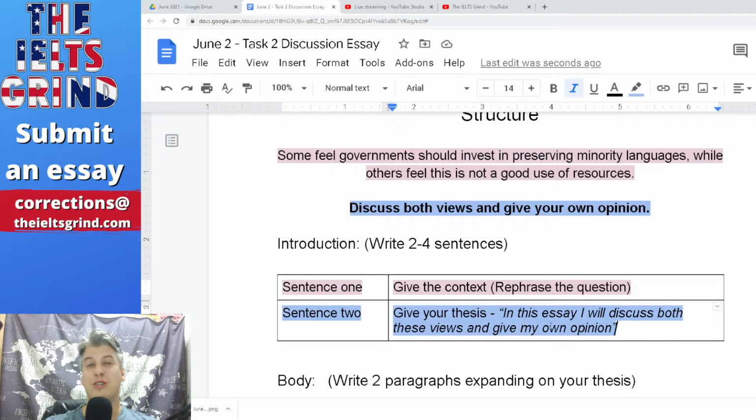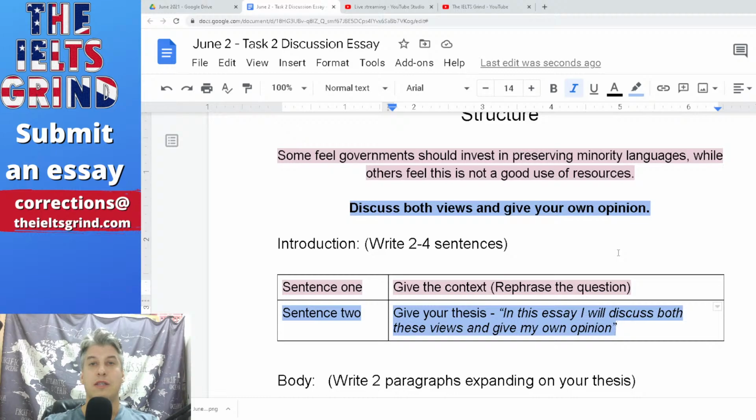Okay? You can change it a little bit. You might say, in this essay, I will discuss both these perspectives and give my own point of view. In this essay, I will discuss both sides of this argument and also give my own thoughts. You can change it a little bit, but it's very straightforward. Tell the examiner exactly what you are going to do in the essay. In this essay, you're going to discuss both the views and give your own opinion.